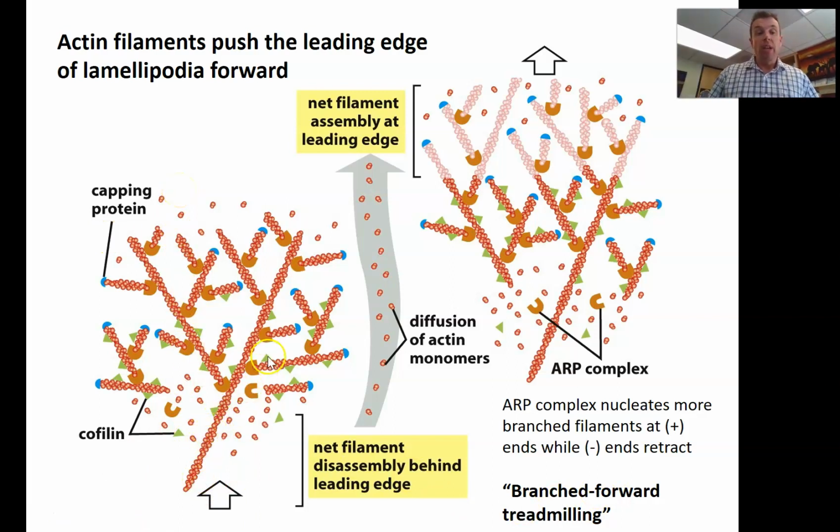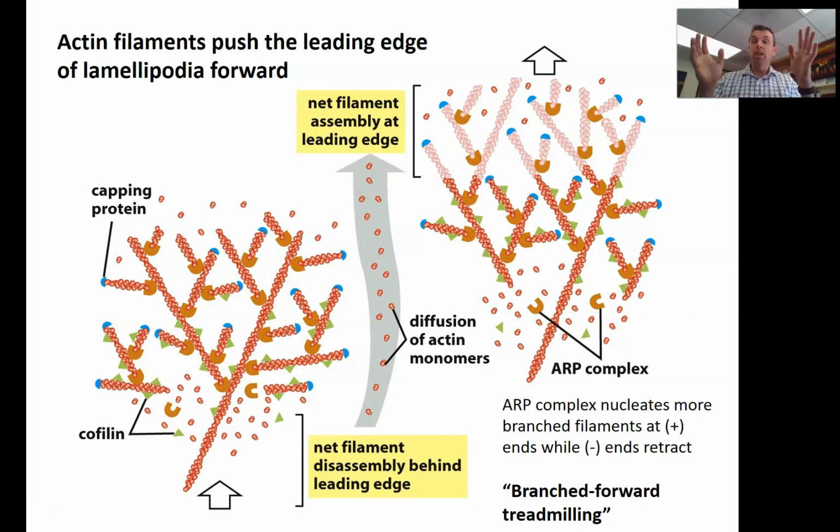And so if this is kind of the leading edge, the lamellipodia, and the lamellipodia is moving in this direction, we need to grow, so we need to orient the actin filaments so that the plus ends are branched but still all facing the leading edge, so that that edge will grow and the minus ends behind it will fall apart. And that is branched treadmilling.